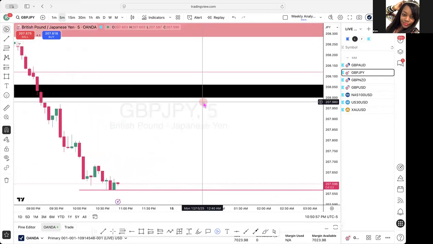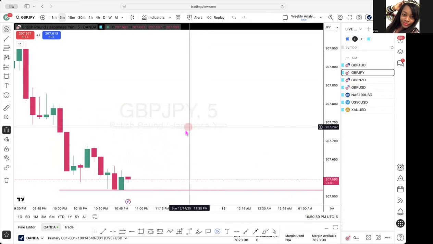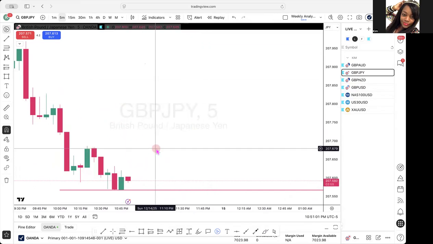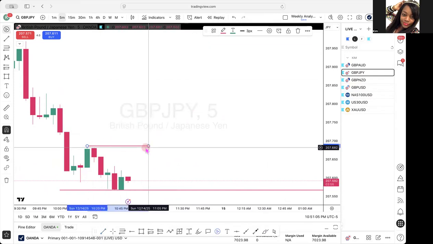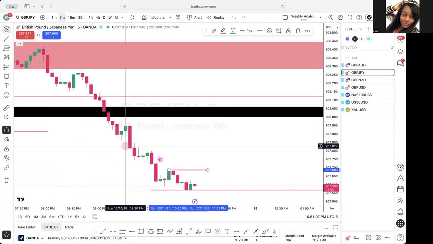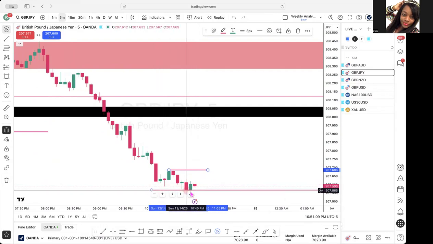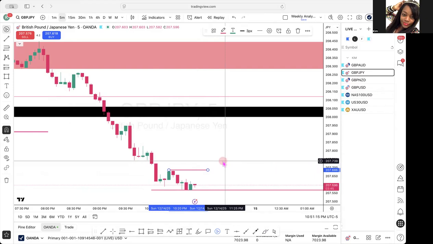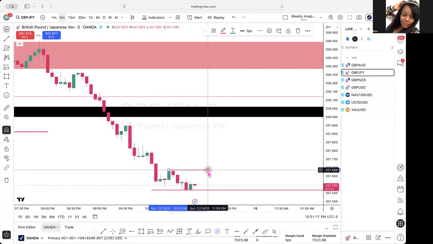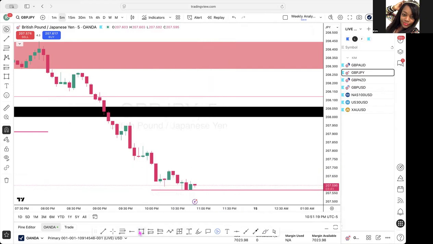If I go to the 5-minute, this is 5-minute internal, but I would be looking for price to pull here and then sell. So let me rephrase that.